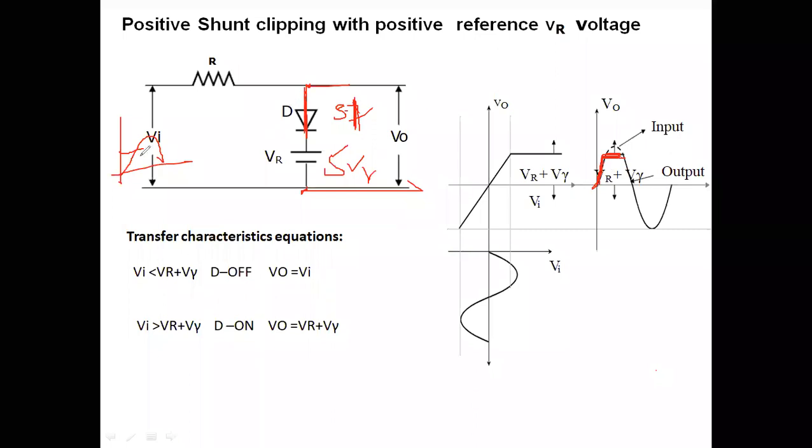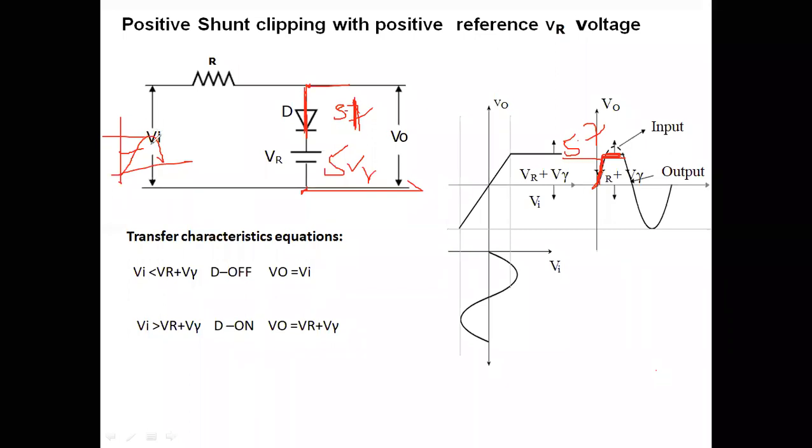Input voltage reaches 10 volts. From 5.7 it will be clipped down. Practically, up to 5.7 you are going to get the output. From 5.7 to 10 volts it will be clipped, it will be cut down.